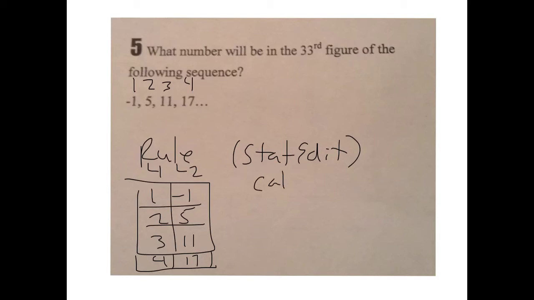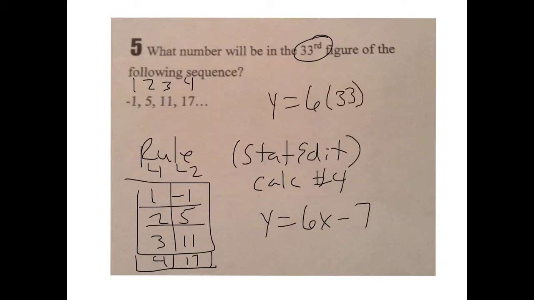So we go calc number 4. Enter all the way down. And I find out that the rule is y equals 6x minus 7. I want the 33rd. So that'll be y equals 6 times 33 minus 7. So I'll type that in my calculator. 6 times 33 minus 7.